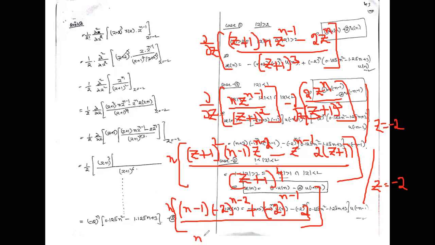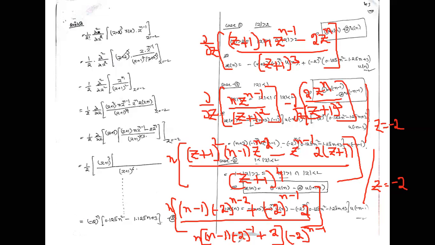Or you can rewrite n and take the n-1 multiplied with (-2)^(-1), because you can write this as (n-1)(-2)^(-1) and plus 2 multiplied with (-2)^(n-1). This is the equation.